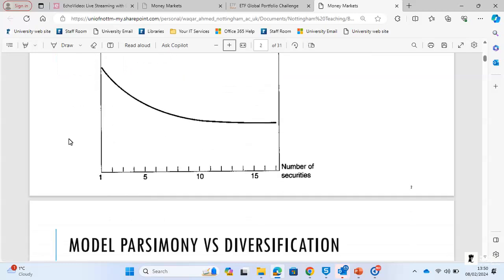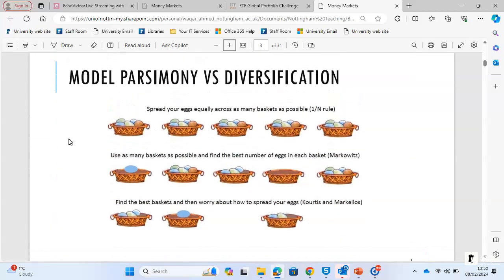Okay. Why does a portfolio reduce risk? It's very simple logic. You should not put all of your eggs in one basket. If you put all of your eggs in one basket, then what's going to happen?